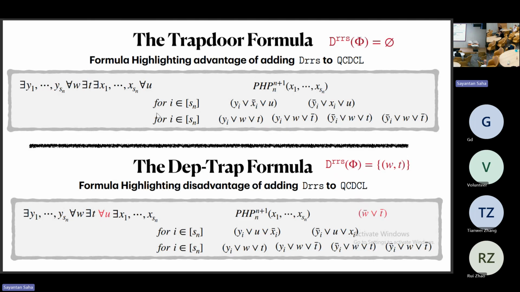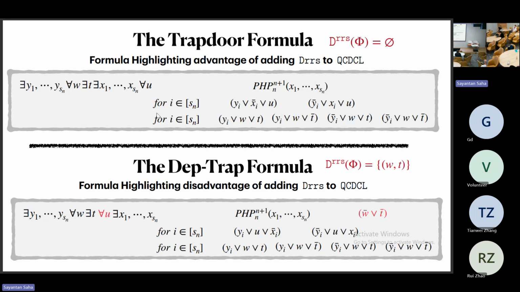An example which shows why adding dependencies when restricted to level order is bad will come from here. The trapdoor formulas were introduced in Olaf and Benjamin's paper, and were shown to be hard for level ordered QCDCL proof systems. Why it's hard for level order when we have no dependencies is that PHP denotes the encoding of the pigeonhole principle, which we know is hard for resolution. Looking at the quantifier prefix, we start off by making a decision on a y.